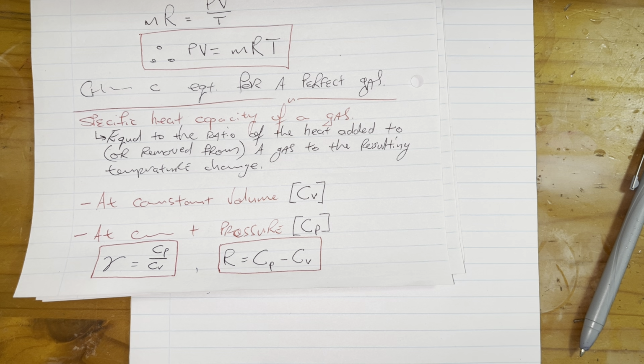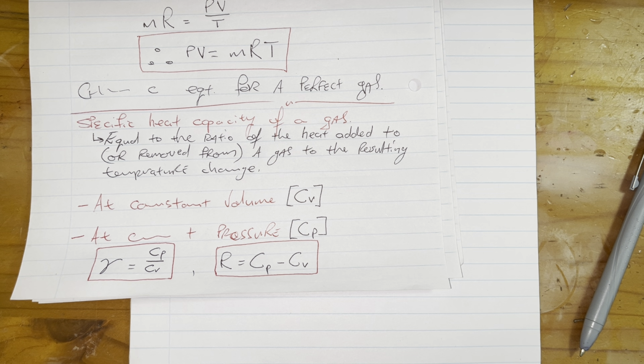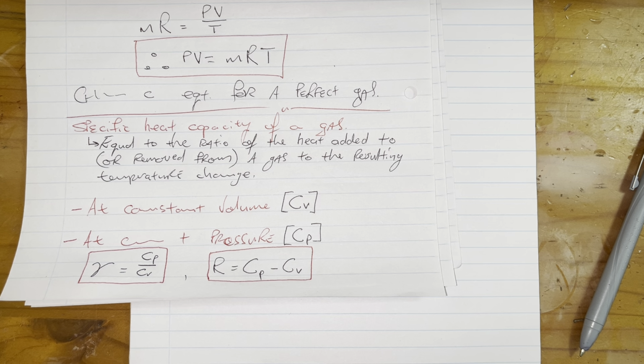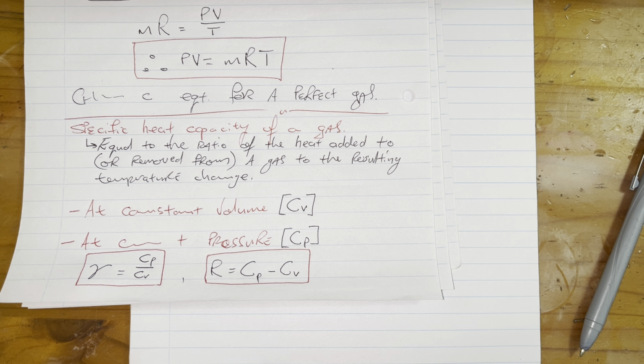This is the conclusion of our thermodynamic laws. There's 5 of them. Specific heat capacity of a gas happens to be the conclusion of those 5 thermodynamic laws, if we may put it as such.